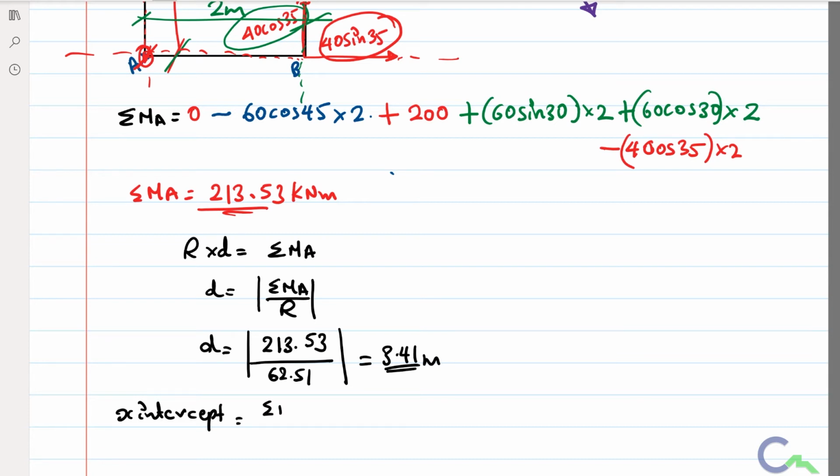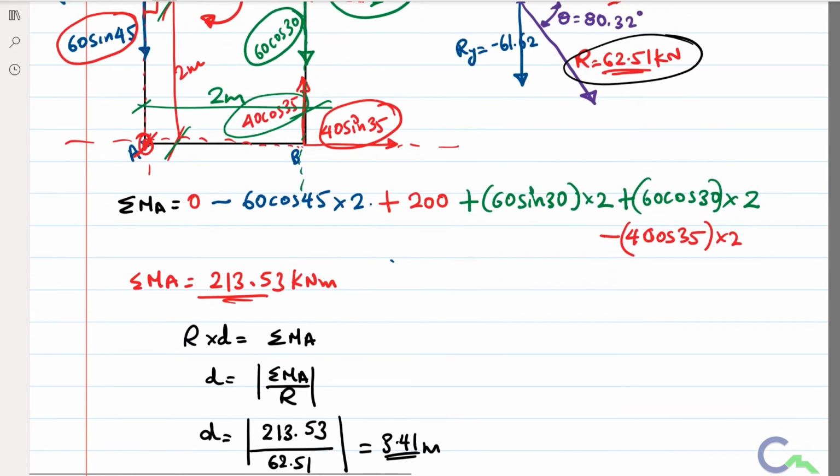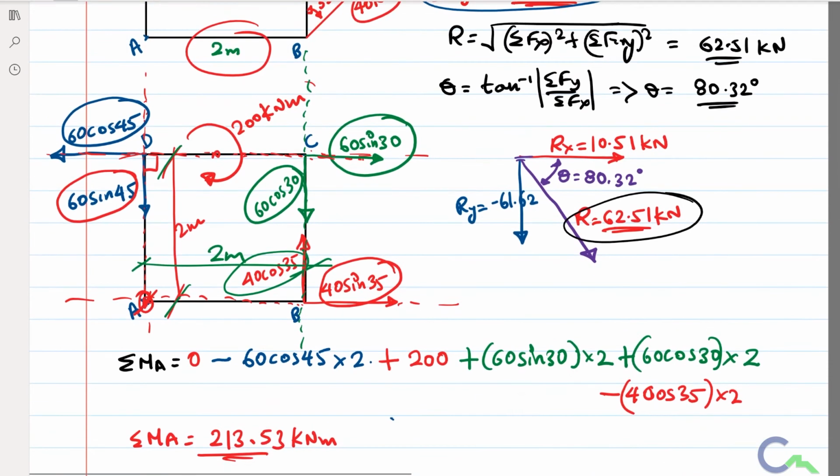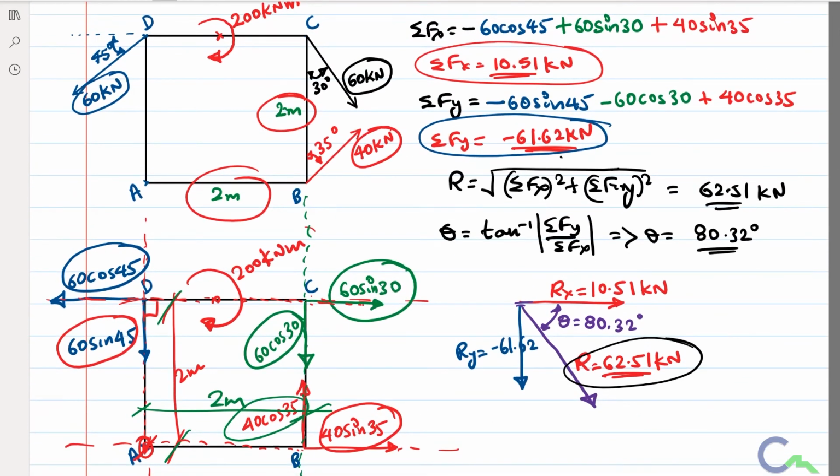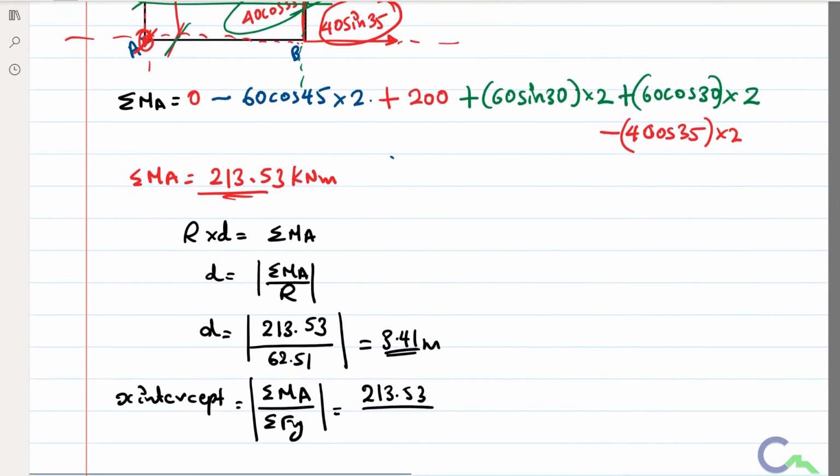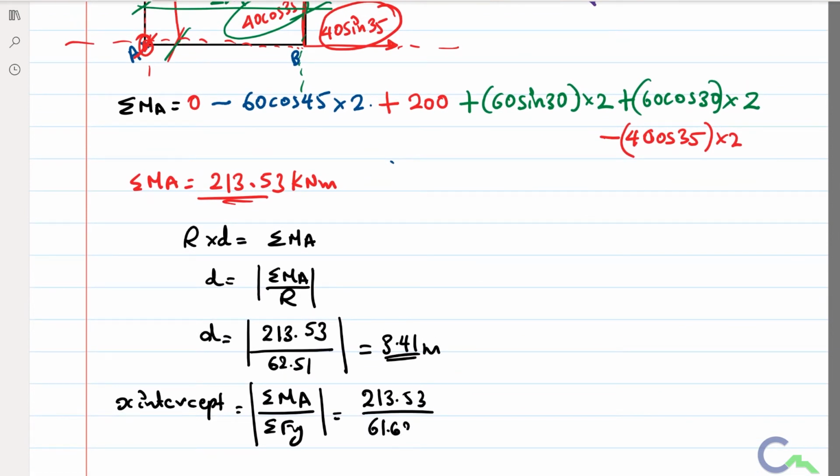Then the X intercept, that is sigma MA divided by sigma Fy, that means 213.53 divided by sigma Fy, we got 61.62. So we'll get 3.46 meter.